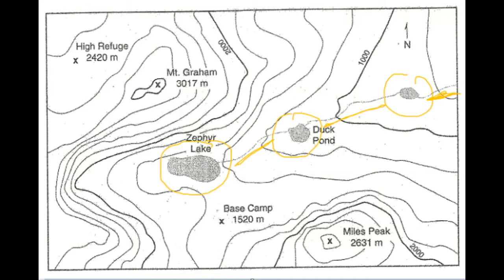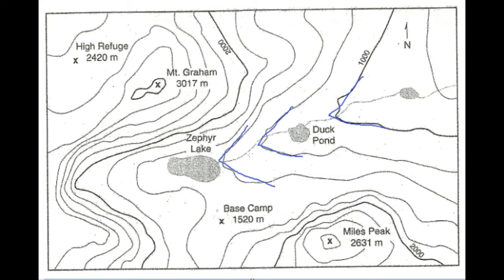And what's interesting here is that we can actually find out what direction this river or stream points due to the fact that we're able to use the contour lines. So if we take a look at these contour lines, we're going to see that they form somewhat of a V shape along the way. And that V shape actually points in the opposite direction of the water flow.